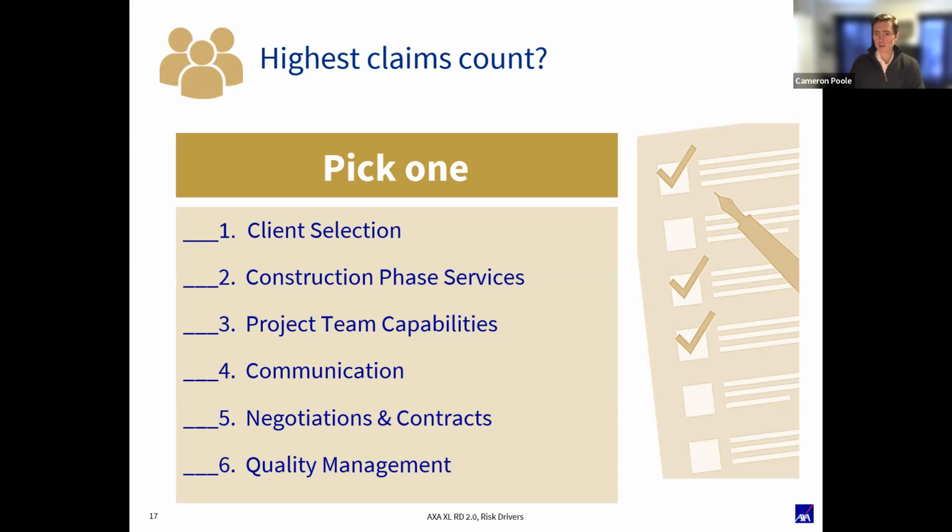All right, any other guesses on this? Usually I have prizes, so maybe next time we'll do this in person and I'll have prizes to drive some more guesses, but anyone else on these? I'm going to throw in communication. Okay, and why communication?